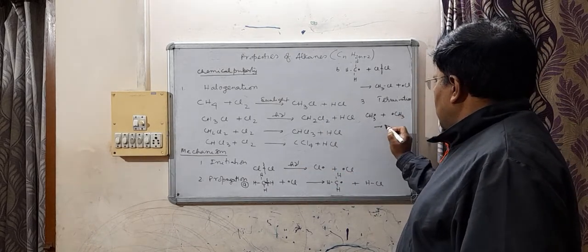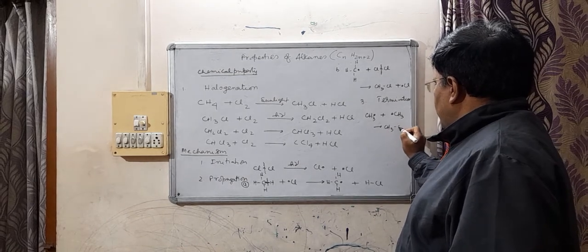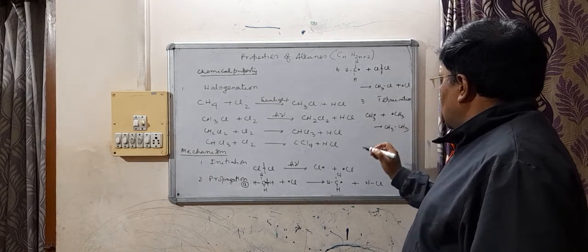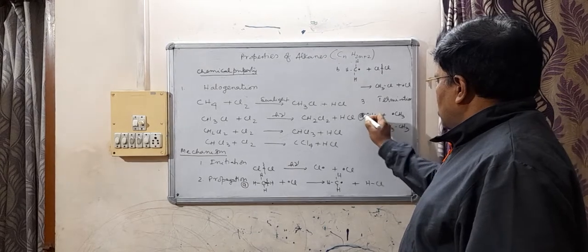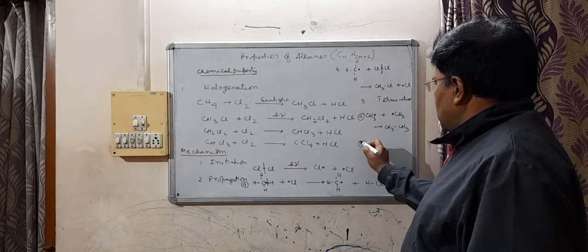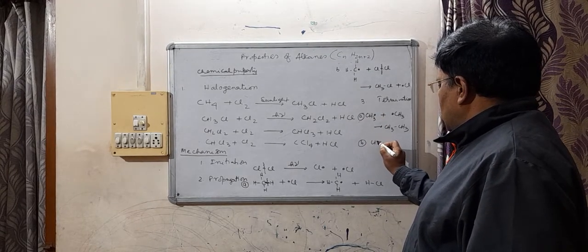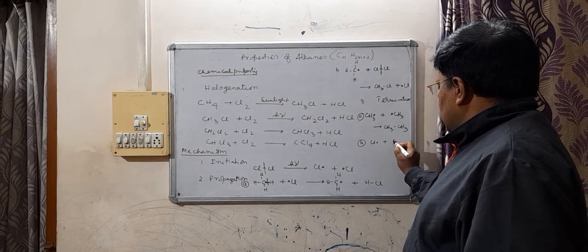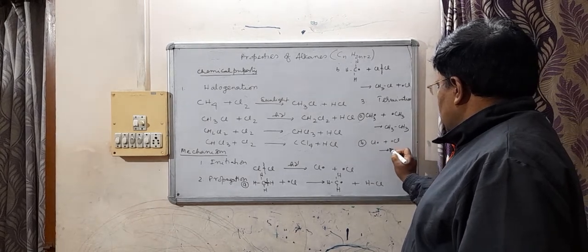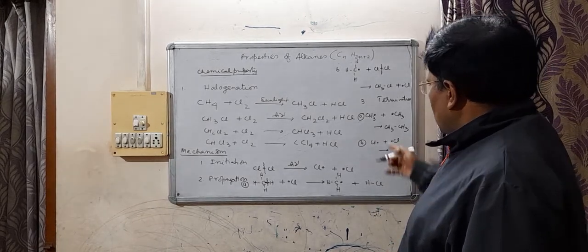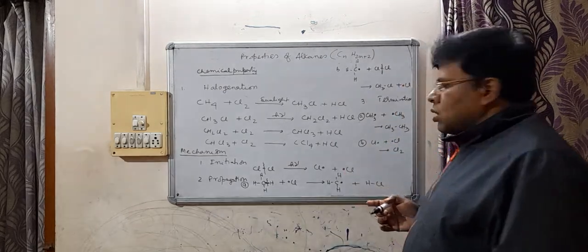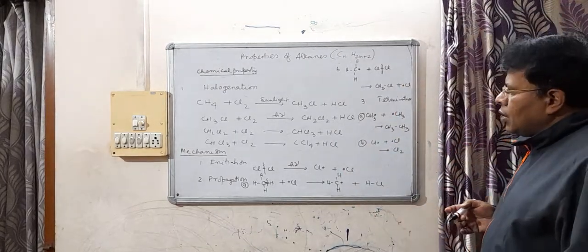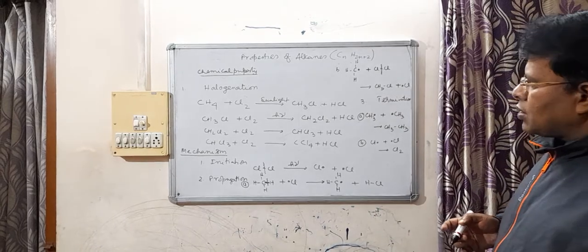They can combine to form ethane. Or the termination can be Cl dot plus Cl dot giving rise to Cl2. So all these are terminations by which the free radicals or reactive species disappear.